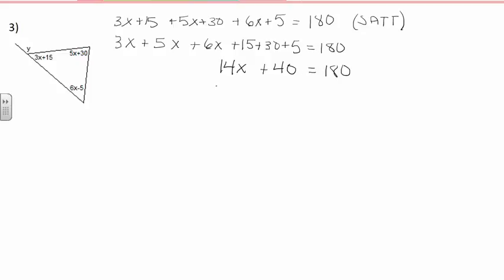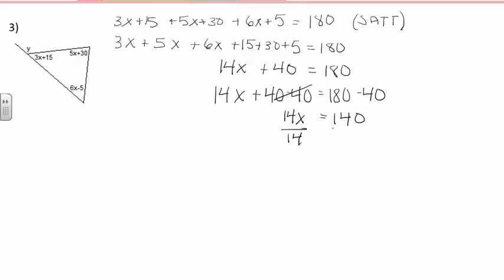Now we want to bring the 40 to the other side, so we'll subtract 40 from both sides. And these will cancel out, and we're left with 14x equals 140. And then we'll simply get rid of the 14 by dividing both sides by 14, and we're left with x equals 10 degrees.